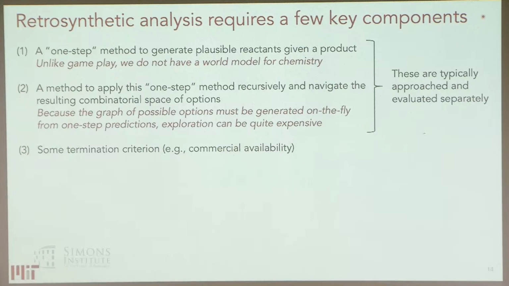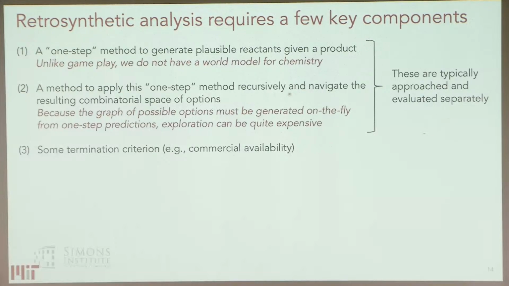In a very brief summary, the way that these work is we need a model that understands how to take a product structure and propose that single-step disconnection. We have to learn what disconnections are allowed from data. So this is something that we train with supervised learning.